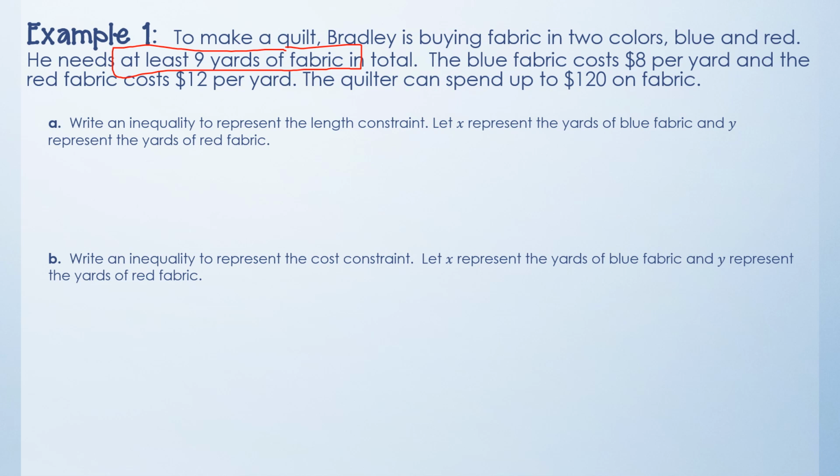We have the blue fabric, which is X. In addition to that, we have the red fabric, which is Y. And in total, both of those need to be greater than or equal to 9. Okay, so that would be the inequality to represent the length constraint.